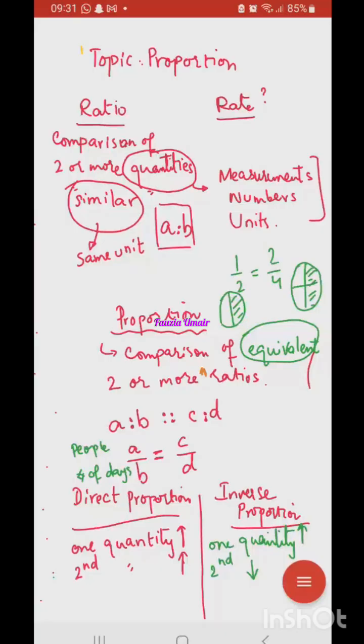So one fraction can have unlimited equivalent fractions. Multiply this fraction with any number, and you will get a new equivalent fraction.